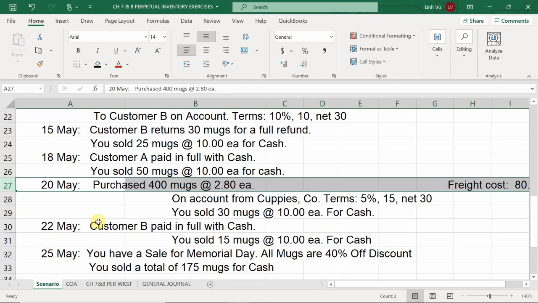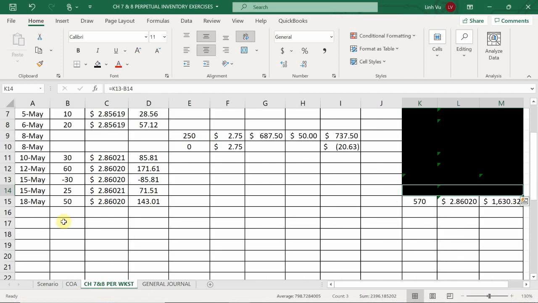Okay, so in this case, I purchased 400 more mugs for $2.80 with a freight of $80. We could plug into the inventory worksheet and then plug it into our journal then.